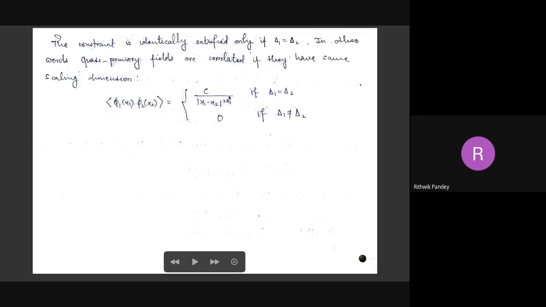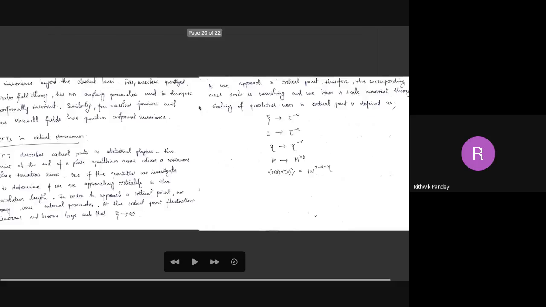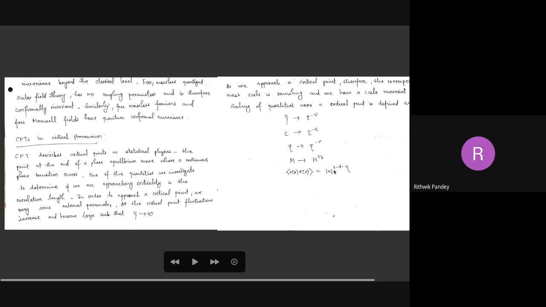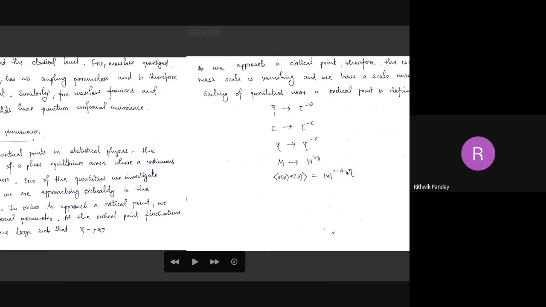And this discussion can also be done for any statistical field. For example, we just replace the action by the free energy functional, and if we have translation and rotational invariance as we have for many statistical fields, we can get the 2-point correlation function for them. And as I had described earlier, it already has a form of this; it depends as 2 minus d minus eta.